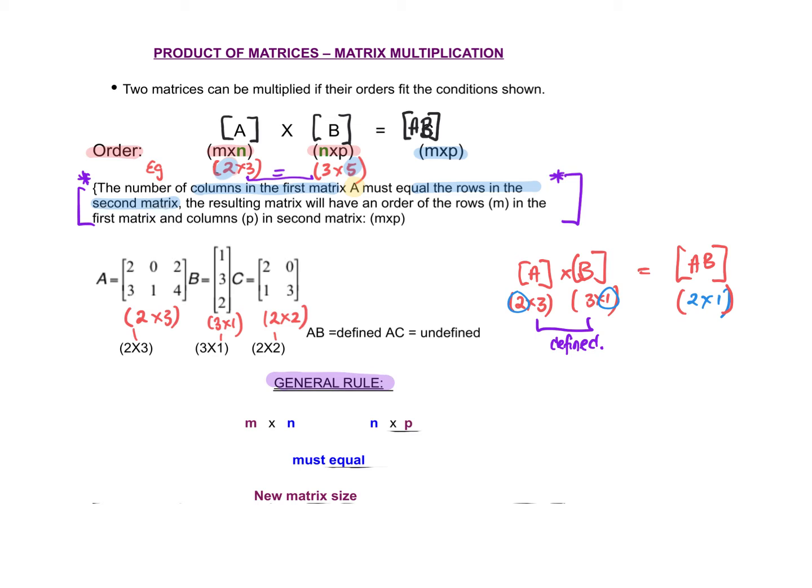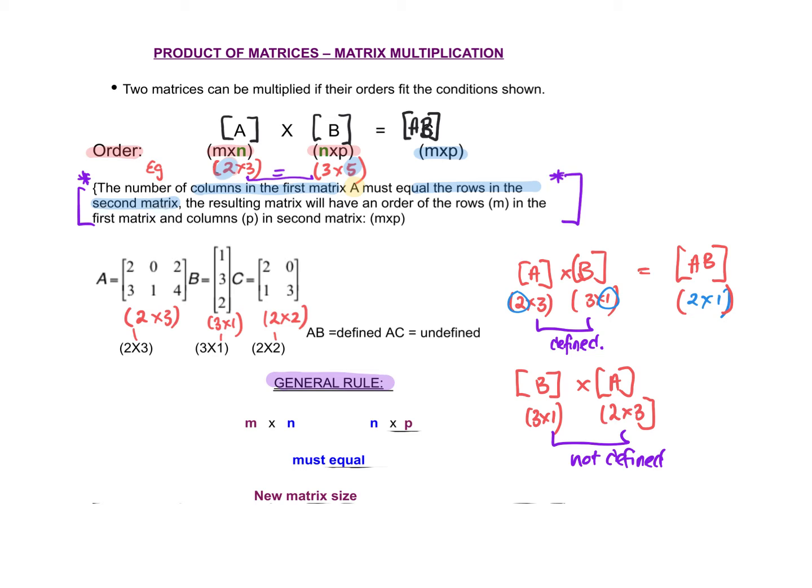So then if we do matrix B by matrix A, here we've got a 3 by 1 and then a 2 by 3. This is not defined, so you can't do it. You would just write not defined. So in matrices, order is extremely important.